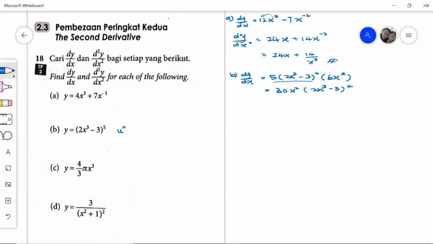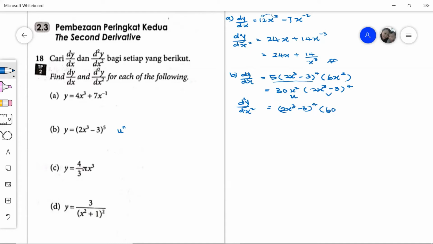Now, next, we shall differentiate it one more time. This time, this is the product of two terms. So this is u and this is v. Using the formula, stay v, and differentiate the u.